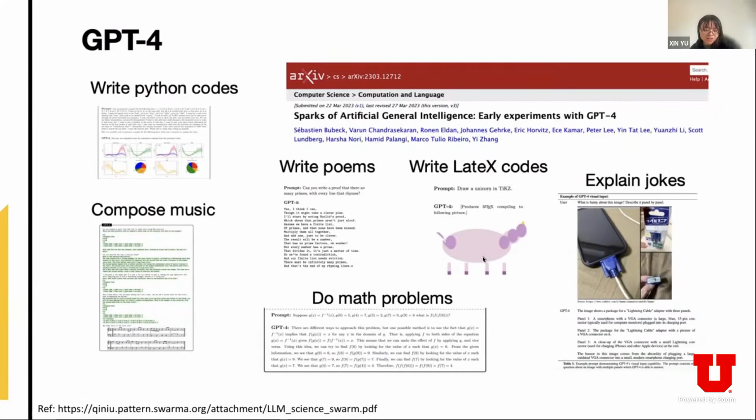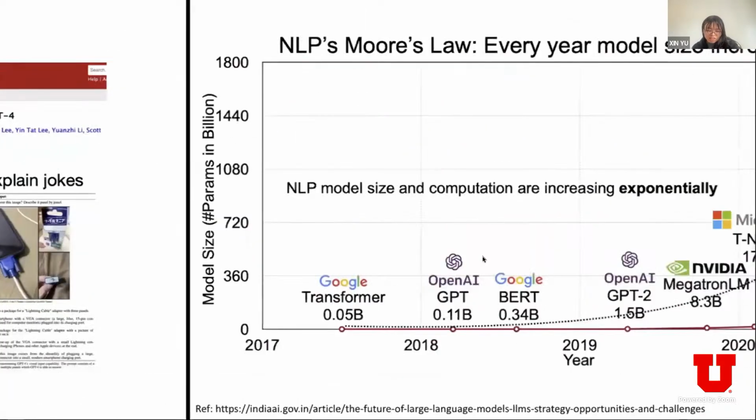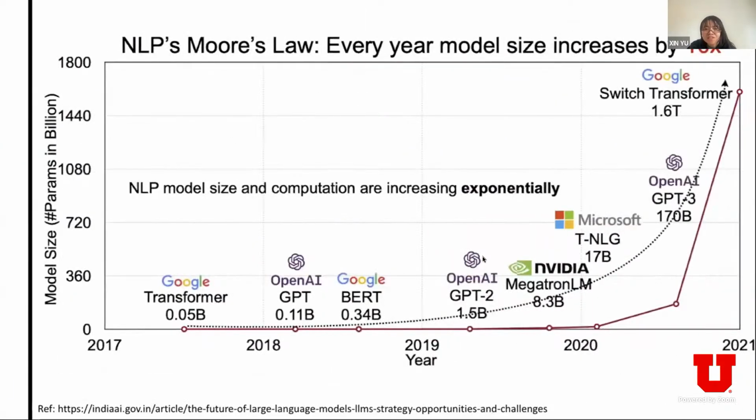there is very hard research on large language models, and we can see that the model size grew very quickly every year. From the basic model, the transformer, initially it was only a few million parameters.